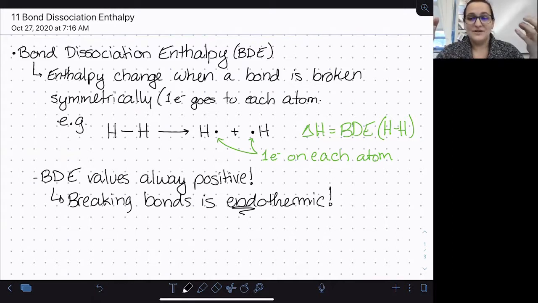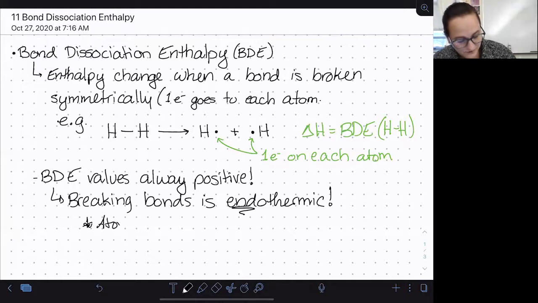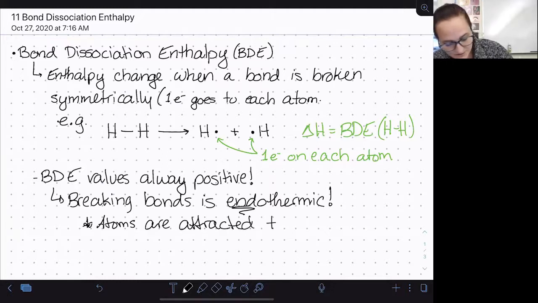Those two atoms are attracted to one another, they connect, thereby lowering their energy. That energy has to go somewhere. It's released to the surroundings. So breaking bonds is endothermic because your atoms are attracted to one another, and you have to put in energy to pull them apart.